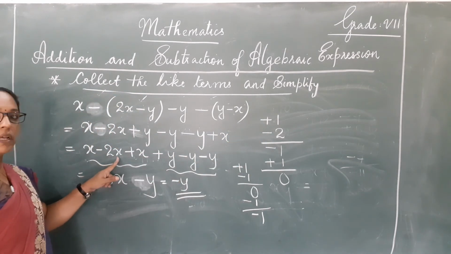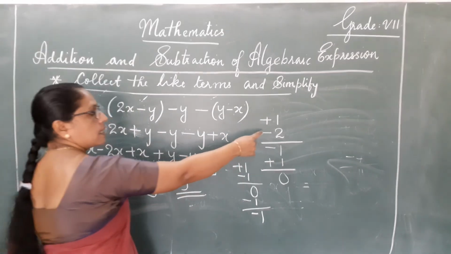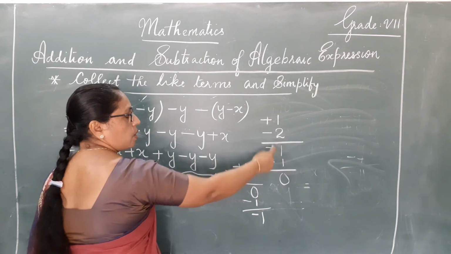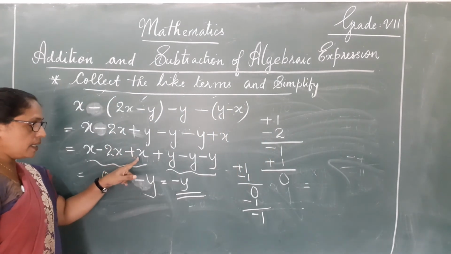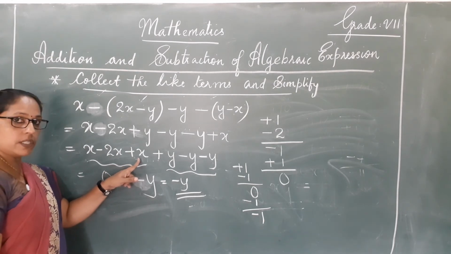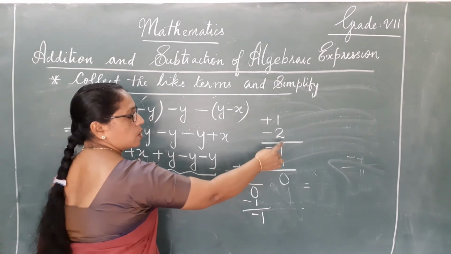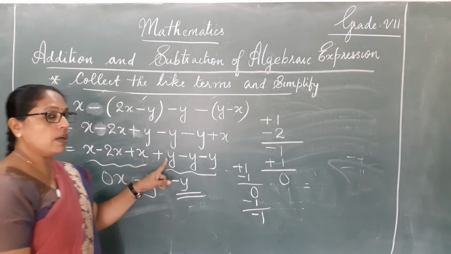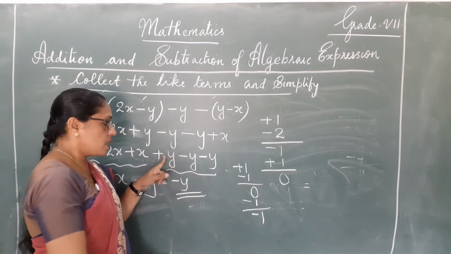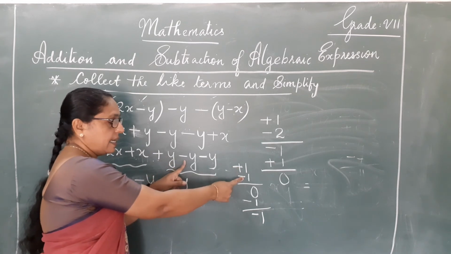Then negative 2. So when you solve it, it will become negative 1. Then negative 1, and the numerical coefficient of x here is positive 1. So it becomes 0, so 0x.